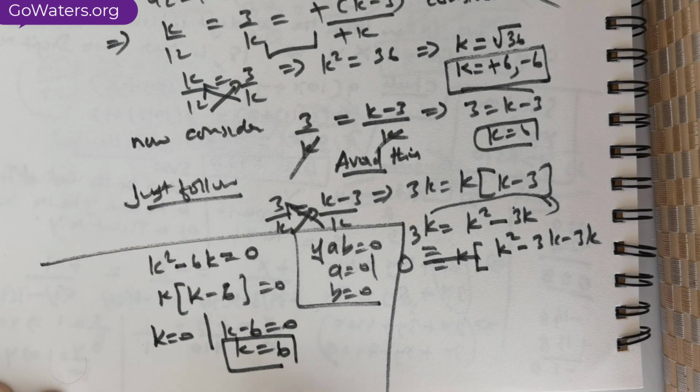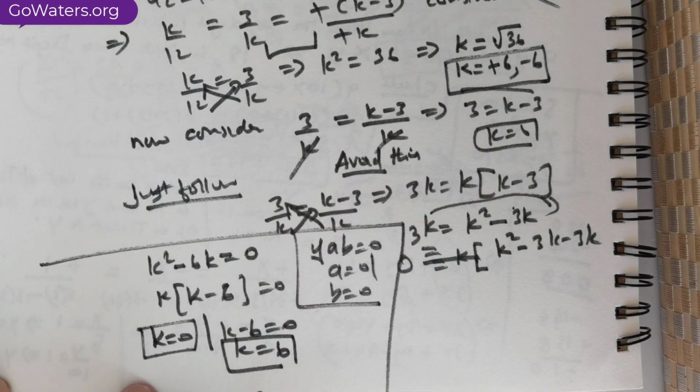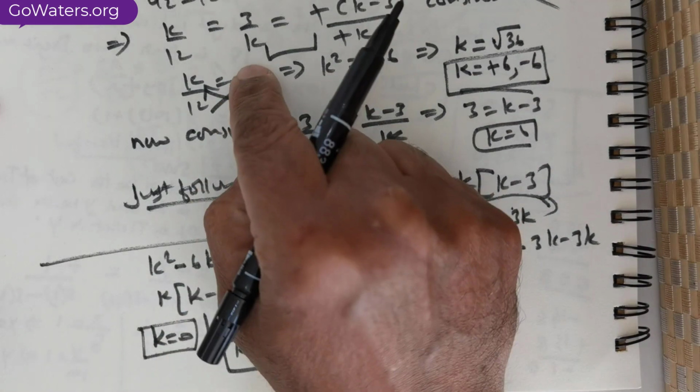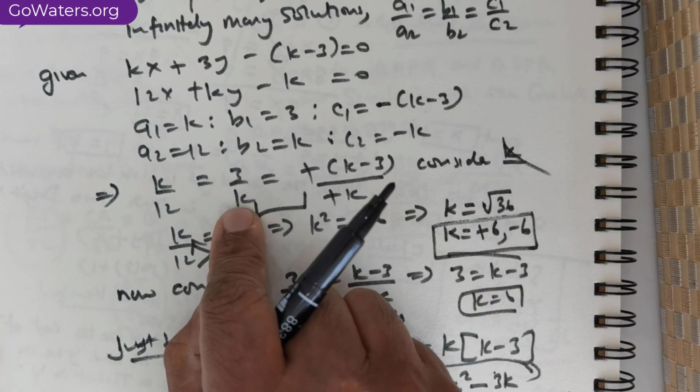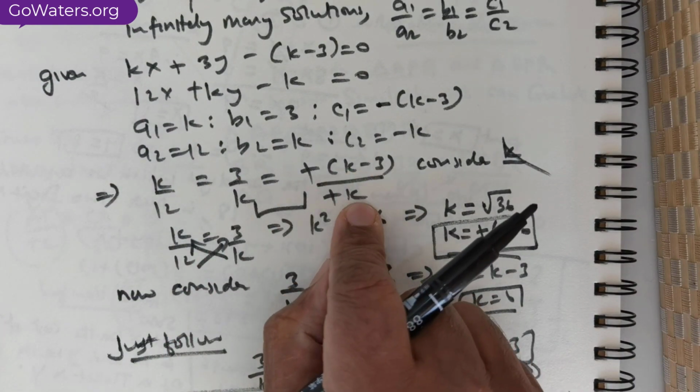So this is why I asked you not to perform the cancellation here. You got k is equal to 0 and k is equal to 6. But if you take k is equal to 0, then we will have an issue. We will have 3 divided by 0 and k minus 3 divided by 0.